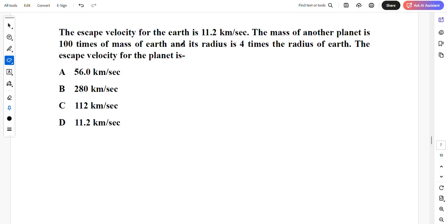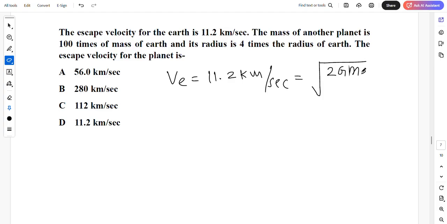Let us go to the next problem. It is saying the escape velocity for the earth is given as 11.2 kilometers per second. The mass of another planet is 100 times. Again use the same formula. The formula for escape velocity is square root of 2 G Me by Re, where Me is the mass of the earth, G is the universal gravitational constant, and Re is the radius of the earth.